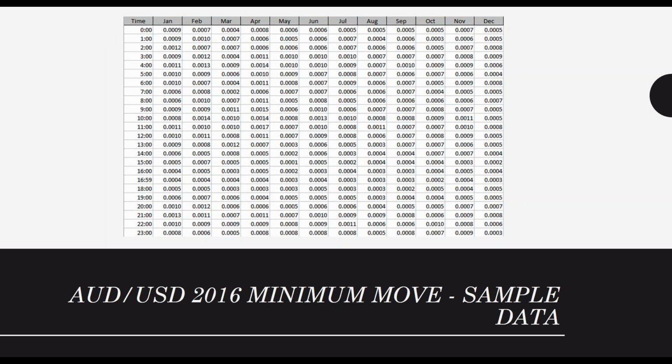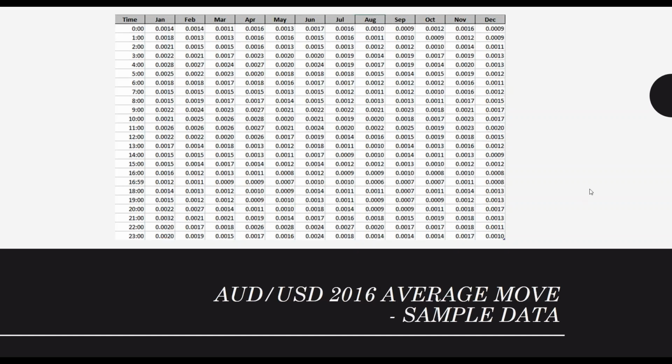Now, in addition to minimum move, in the book that I wrote on currencies, I have all of these for all of the currencies. We also can look at what's the best case scenario, or the average. In this case, using 7 p.m., February, it moves 12 pips. How many strikes does it need to move for me to potentially get my profit target?